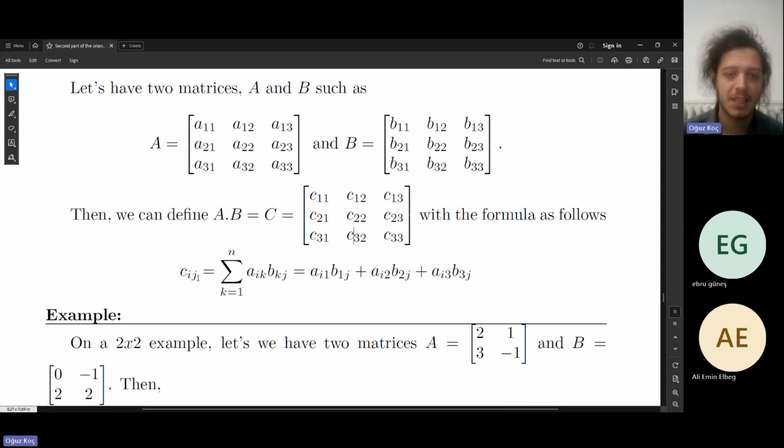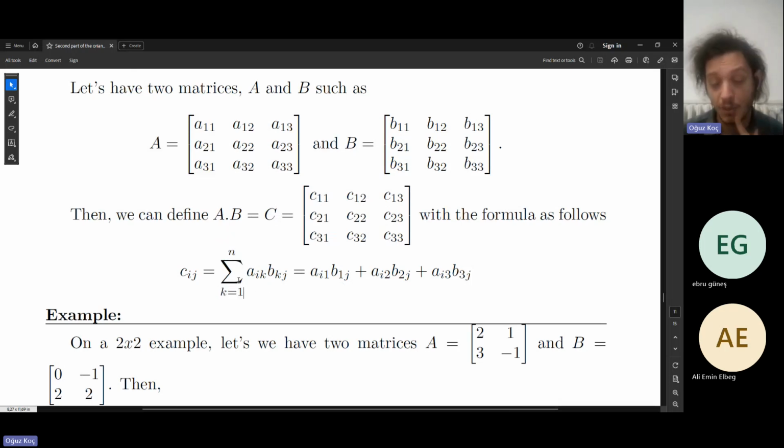When we want to calculate the element in the ith row and the jth column of the C matrix, we can calculate it with this formula here.